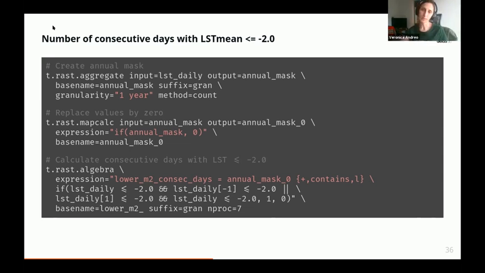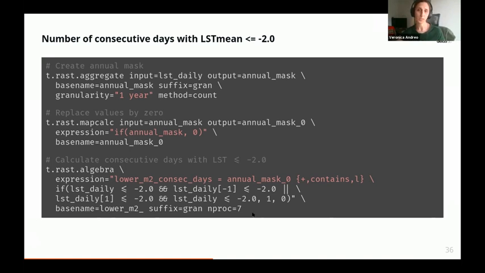So let's say, for example, some authors say that -2 is the lower threshold for survival of eggs. So let's try to count the number of consecutive days, because this is important. Maybe if only 1 day is -2, it doesn't matter, but if there are many consecutive days with this temperature, then eggs die.